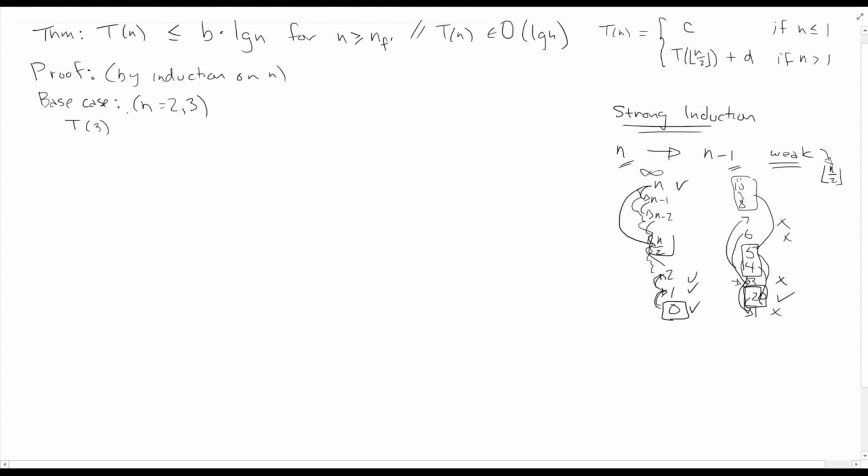T of 3 is less than or equal to b log 2, which again is just b. And then again, I might say that b must be greater than or equal to t of 3. And that condition will satisfy both base cases n equals 2 and n equals 3.